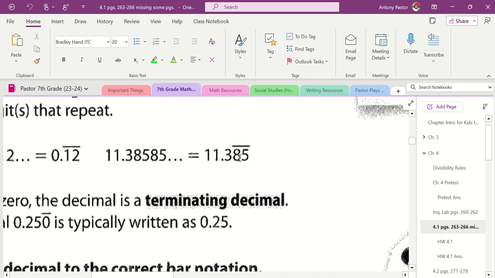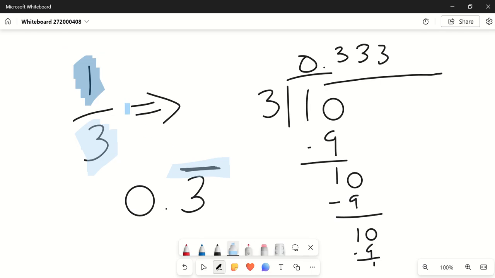Notice that the line is only over the 85, which means that is the only part that repeats. The bar notation is going to be over the number or numbers that continue to show up. It can be a pattern of 2, 3, 4, 5, whatever amount of decimals that repeat. But if it's a section that repeats over and over, that is where the bar notation goes.